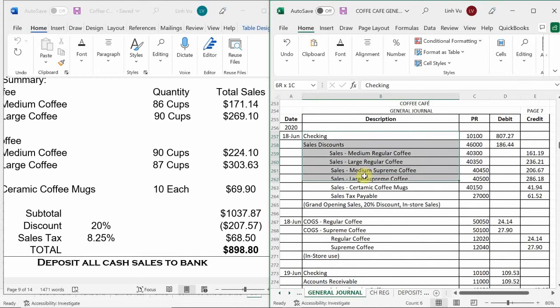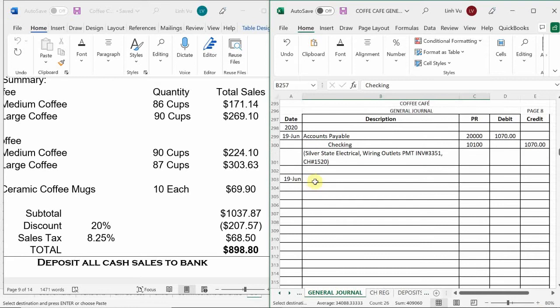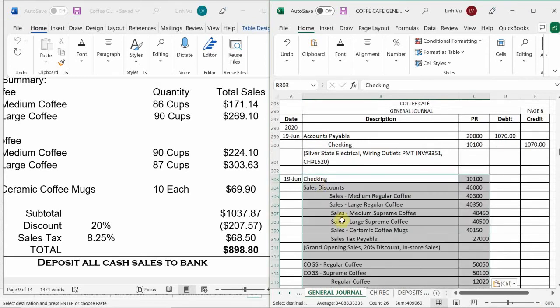And we have 5 different sales of coffees and then mug and then sales tax payable for credit. Okay. So how much money did I collect?